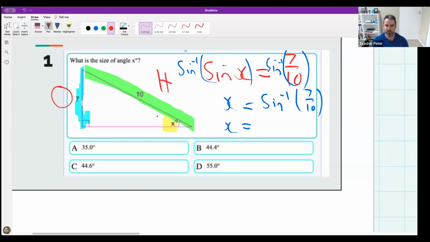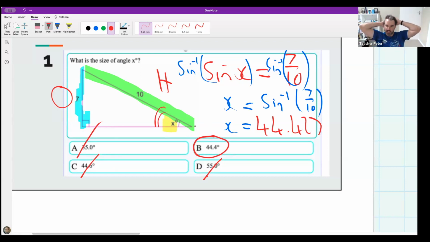What are people getting for this angle x here? I get 44.427. Now, even though this is close, it's not that, it's not that, and I would choose B as my angle.